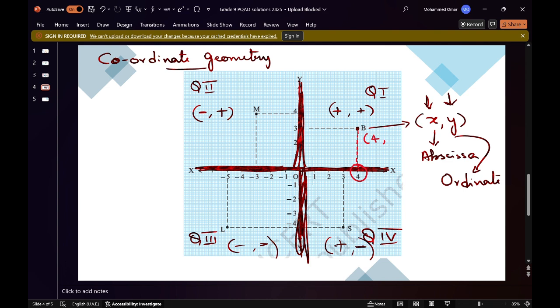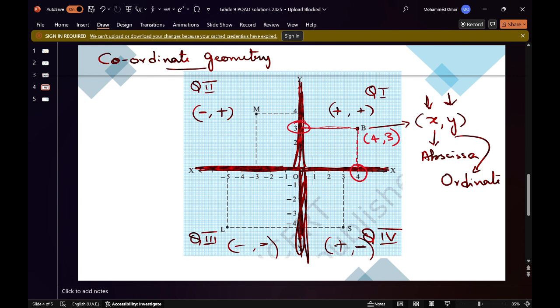And for the y coordinate, in the same way, you drop a perpendicular line onto the y-axis. Where does it intersect? It intersects at 3. So therefore the coordinates of B are 4, 3. I hope everybody understood. Now let us see the next concept of coordinate geometry.